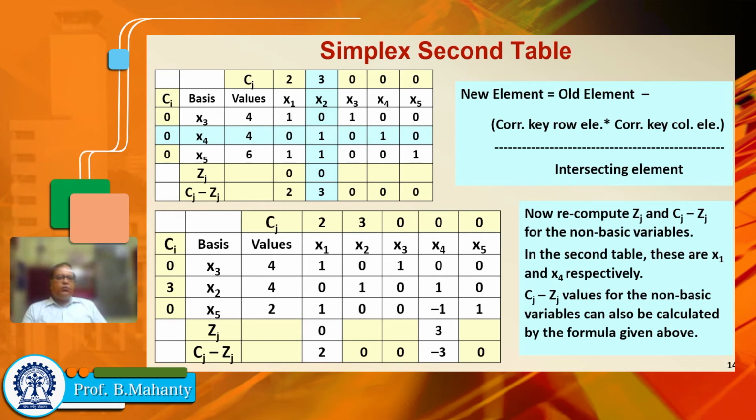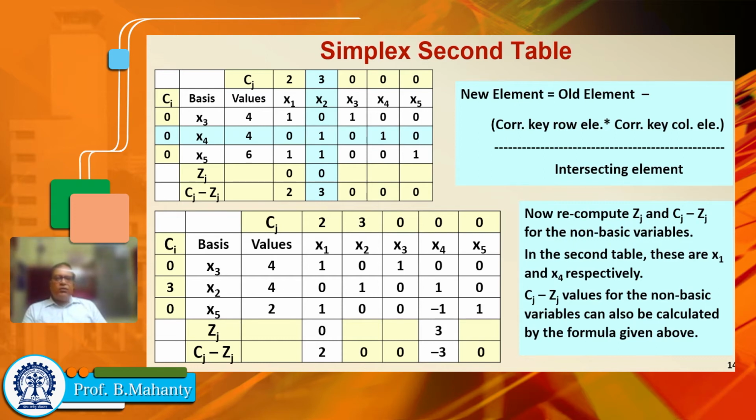So how can you use this formula? Old element minus corresponding key column into key row divided by the intersecting element. So 2 minus 3 into 0 by 1, so 2. And 0 minus 3 into 1 by 1, so minus 3. So you can also calculate by this formula.